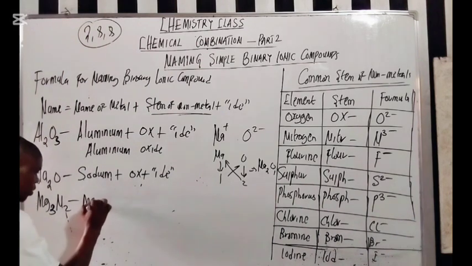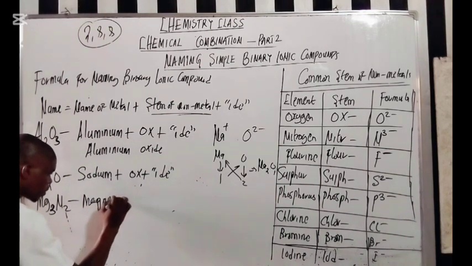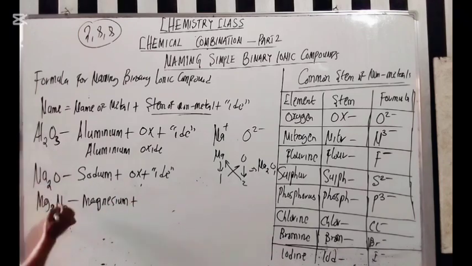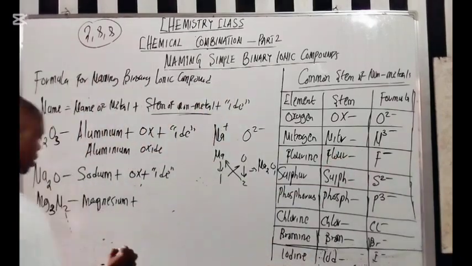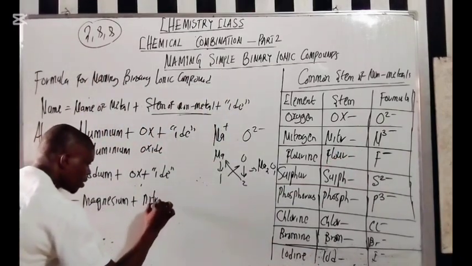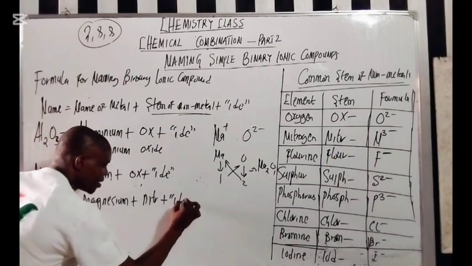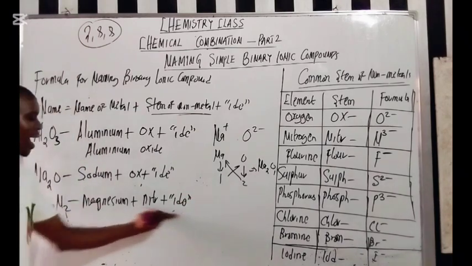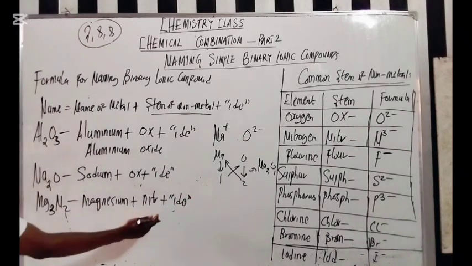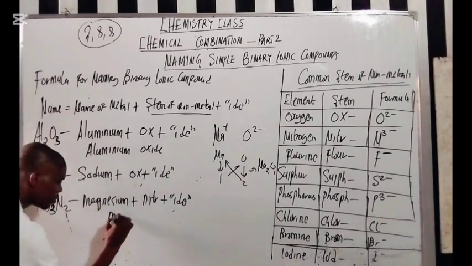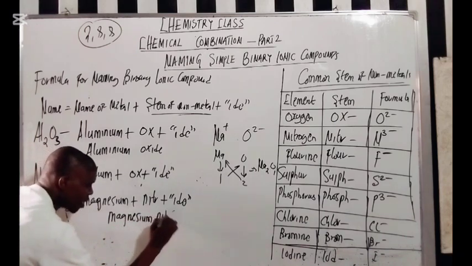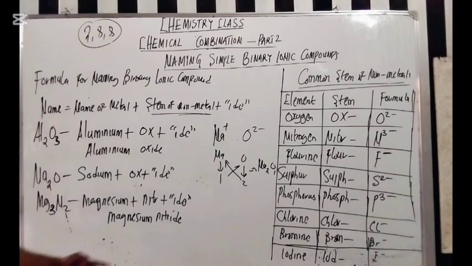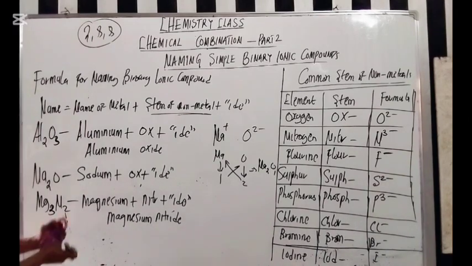It's called magnesium plus what? Now N is nitrogen, right? What is the stem of nitrogen? Nitr plus what? Ide. So when you add them together, you're going to get magnesium nitride. Do you see that? As easy as that. So this is how you name it.